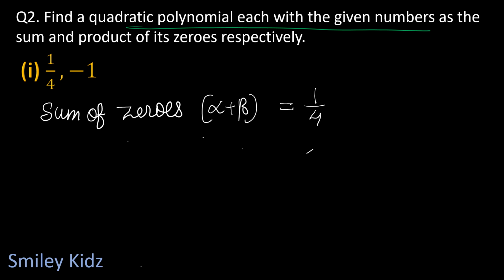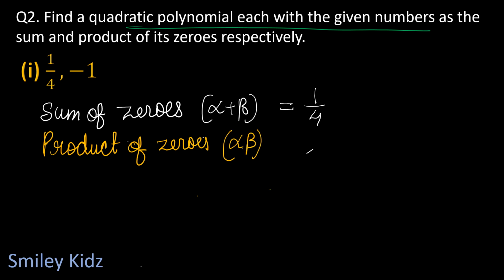And we are also given the product of zeros, that is alpha beta or alpha times beta, as -1. Now with these given values, they are asking us to find the quadratic polynomial with the sum and the product of zeros being 1 by 4 and -1 respectively.